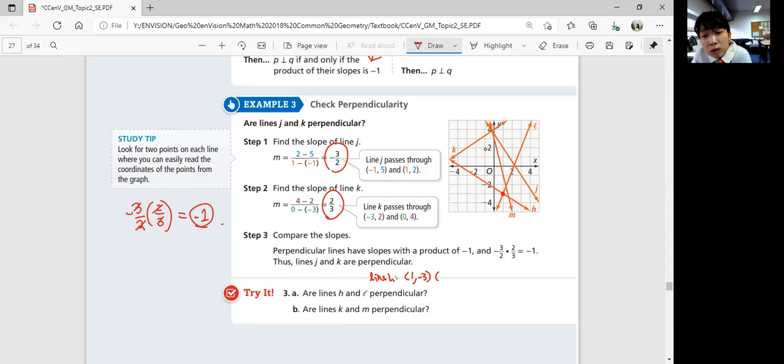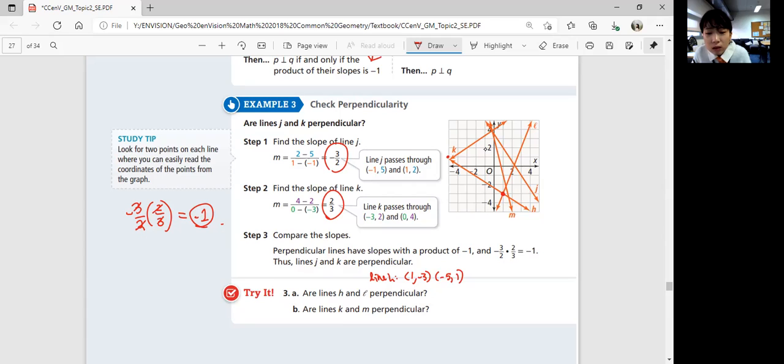And what's another good point? Is that going to be a point? Is that too far? Let's do -5, 1.